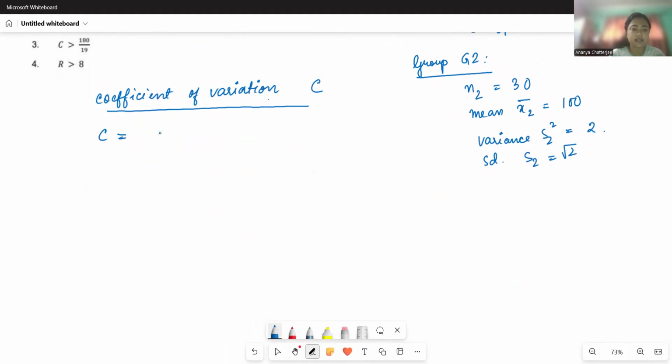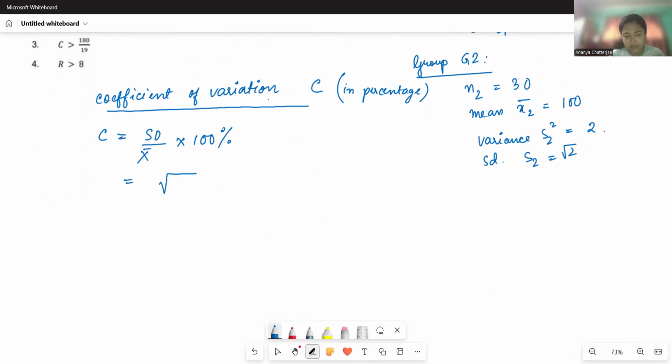C is equal to standard deviation by x bar into 100%, as it is given in percentage, correct?